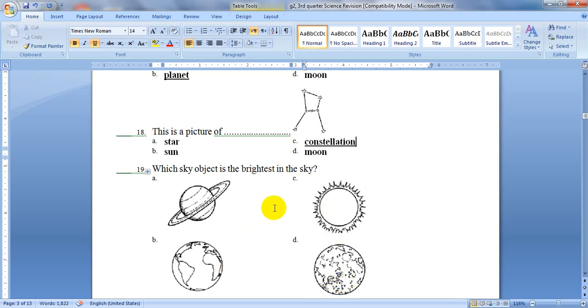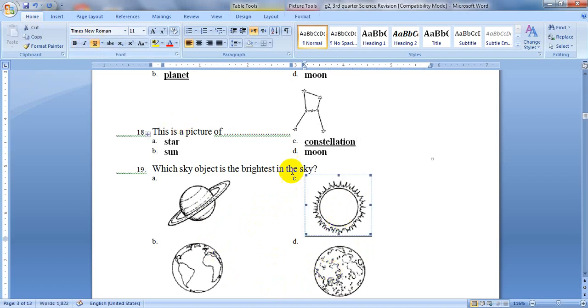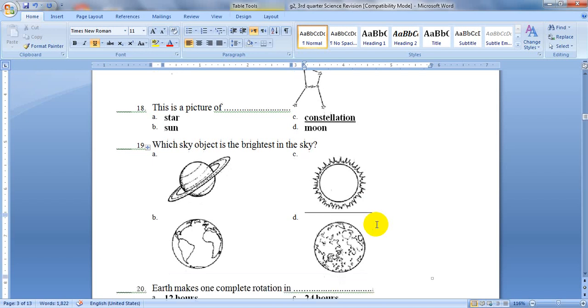All of them do not have any light except the sun, because we said that the sun is a star and any star gives off its own heat and light.